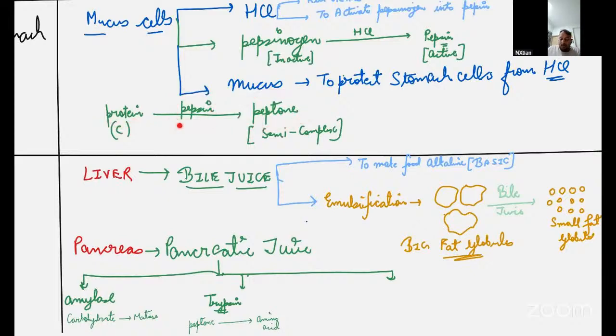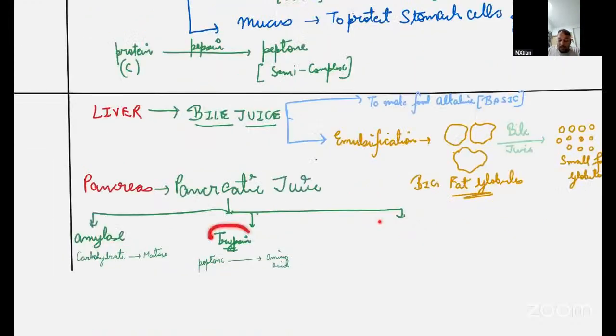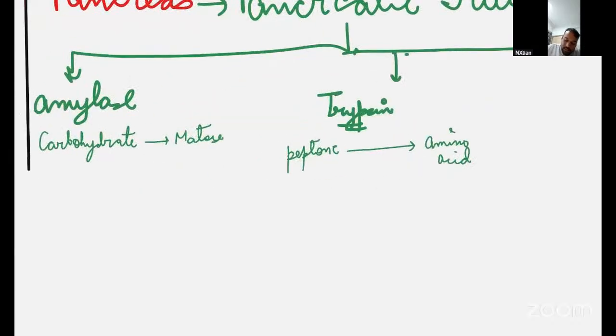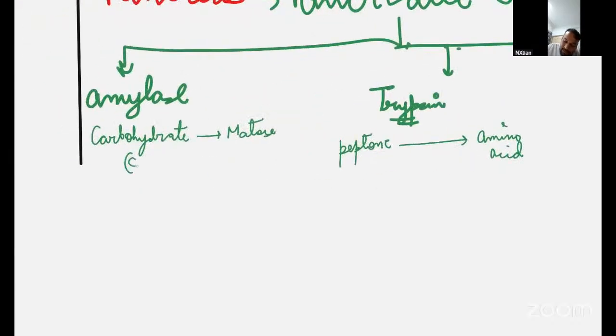Now trypsin will work on the peptones and convert them into amino acids. Are you getting this? Yes. So this is complex, this is semi-complex, and this is simple, which is absorbable.